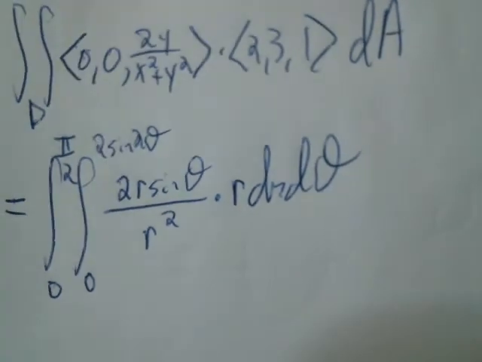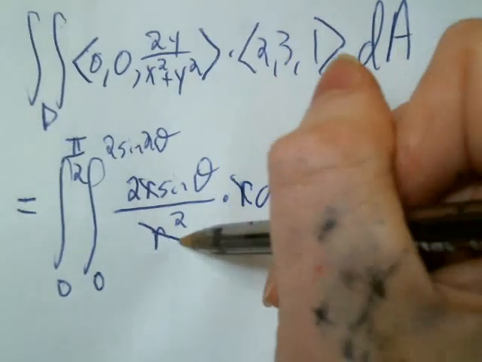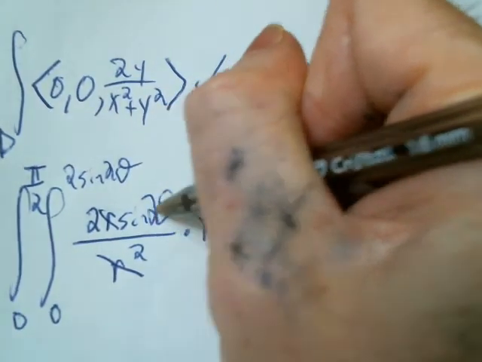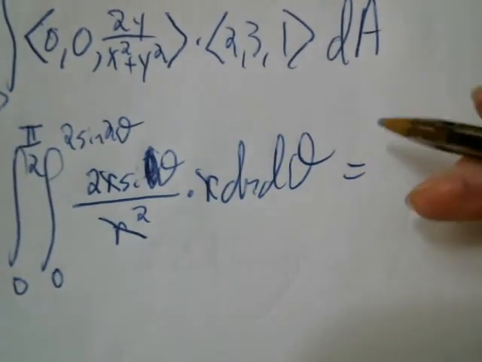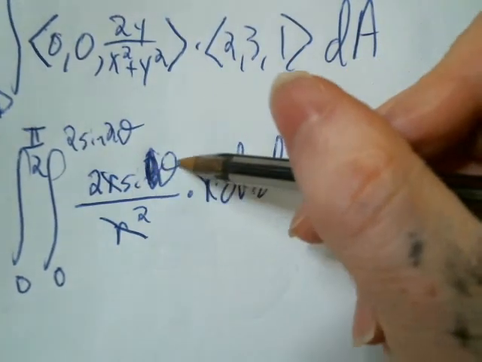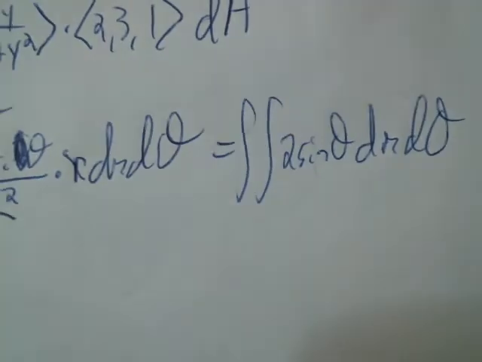And look, the r times r is r squared. That will cancel with that r squared, and I'll have, and this should be a sine 2 theta. No, it's just sine theta, sorry. So then that will be the double integral of 2 sine theta dr d theta.